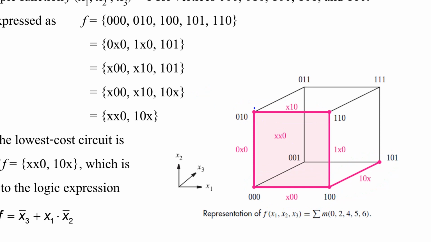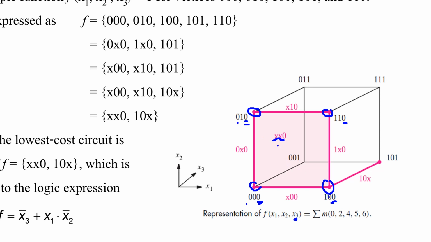And if you select this plane, namely it covers this vertex, this vertex, and this vertex, note that for the 4 vertices, the value of this variable, in this case x3, is all 0. And the first 2 variables can be 0 or 1, right?